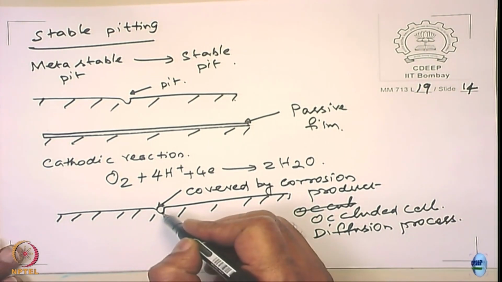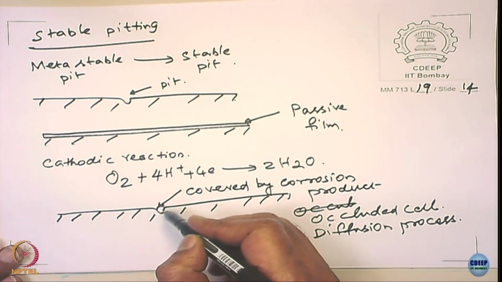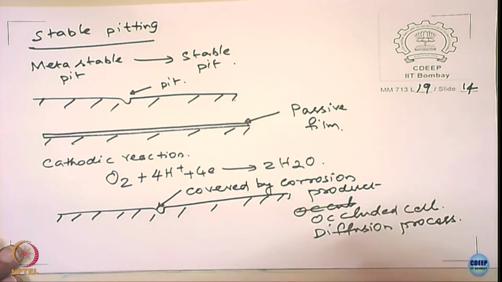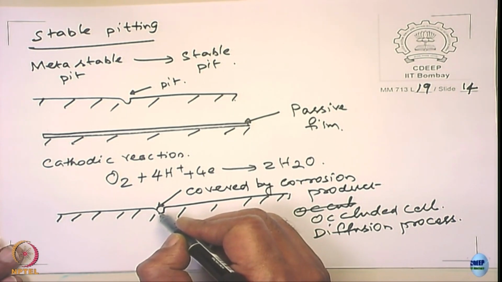Now in the so-called metastable pit, assume that it is a metastable pit. There is a pit formed here, covered with some corrosion product or something. The metal continues to dissolve below this cover.